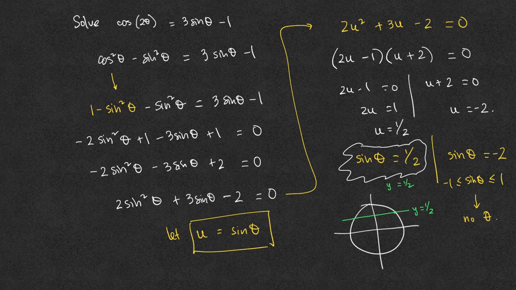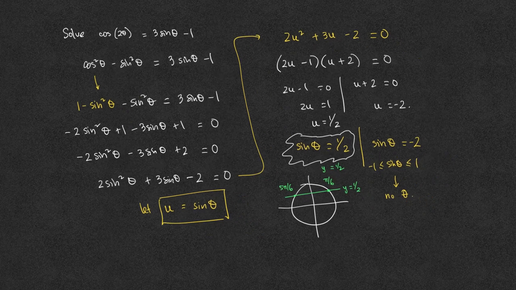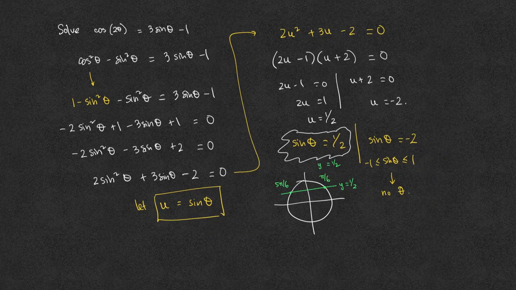From the unit circle, the only angles that will give us the y-coordinate 1/2 are angles in the first quadrant and in the second quadrant, and they are pi over 6 and 5 pi over 6. These are the initial or the principal solutions on the interval 0 to 2 pi.